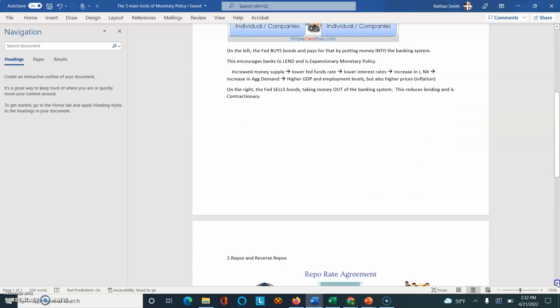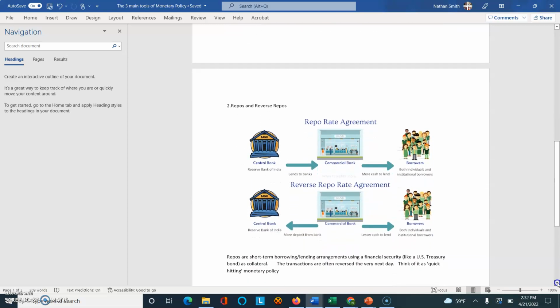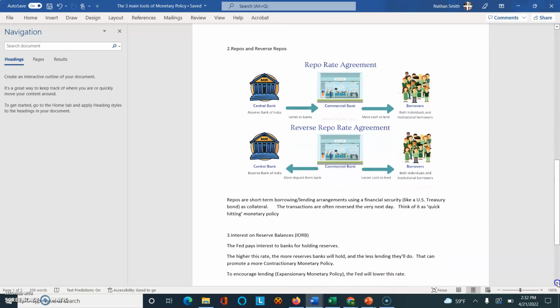Now they have two other what we call policy tools that are important to understand. There's something called a repo and a reverse repo. Here's a pretty cool demonstration of that. In a repo, a central bank is lending money directly to a bank, and the bank is going to provide some kind of financial security, like a treasury bond, to the central bank as collateral for that loan.